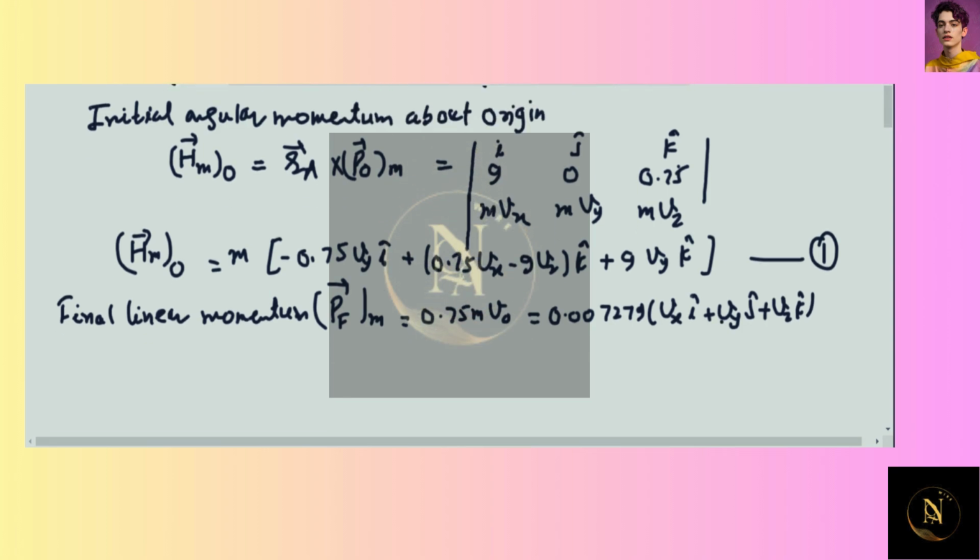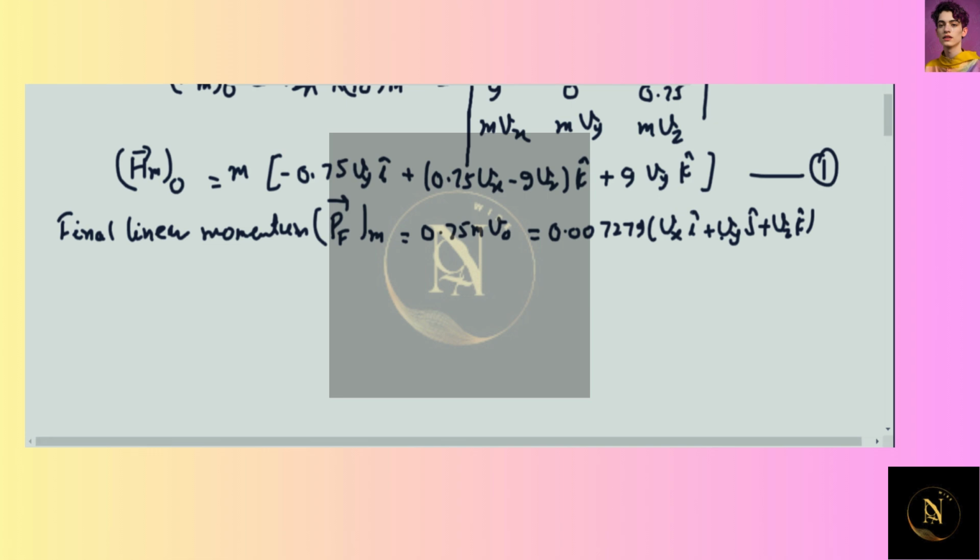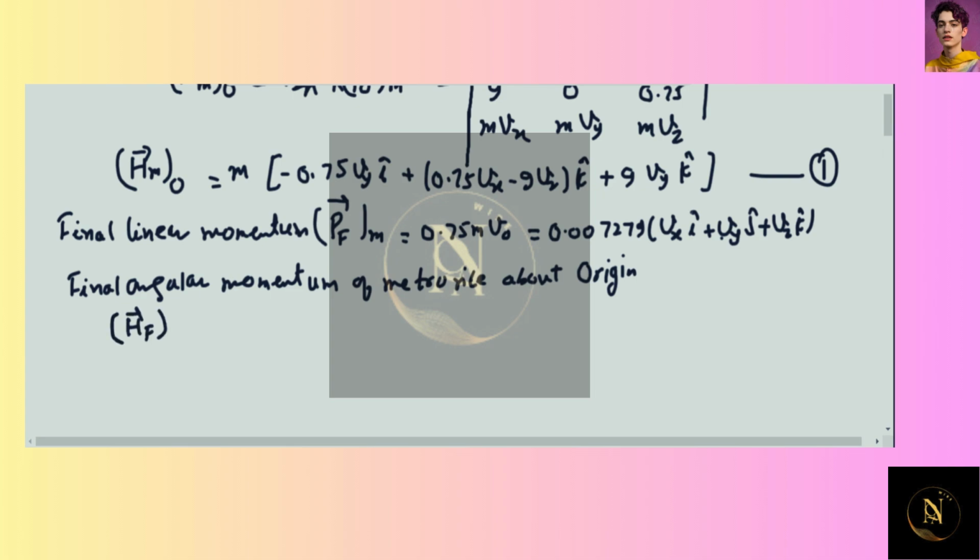So the final angular momentum of the meteorite about the origin will be Ra cross 0.75 of m v naught.